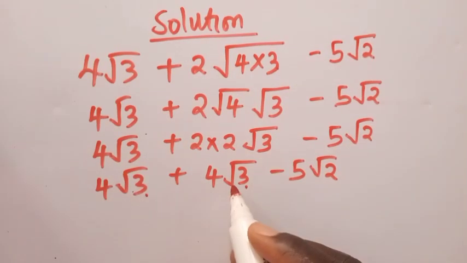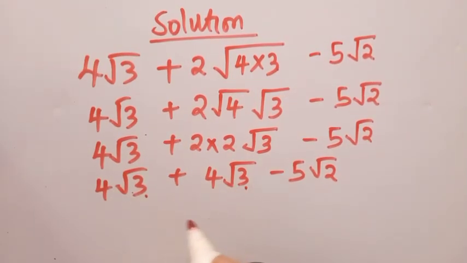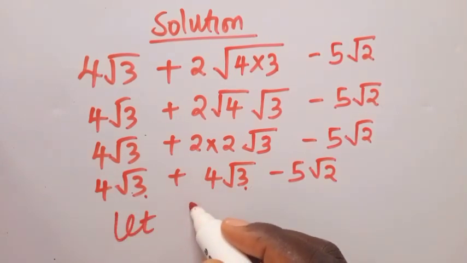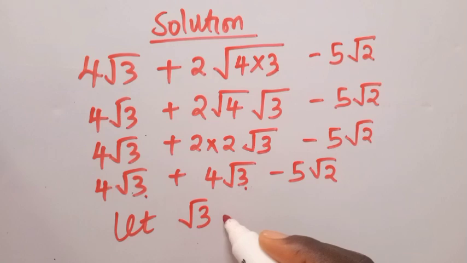Now 4 root 3 plus 4 root 3, we can say that let root 3 be a.